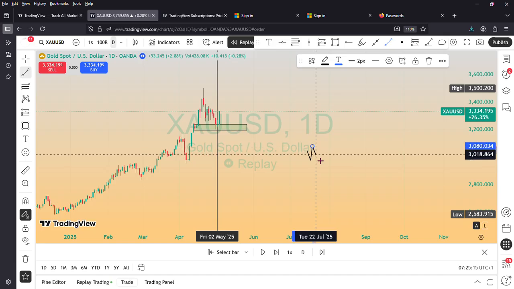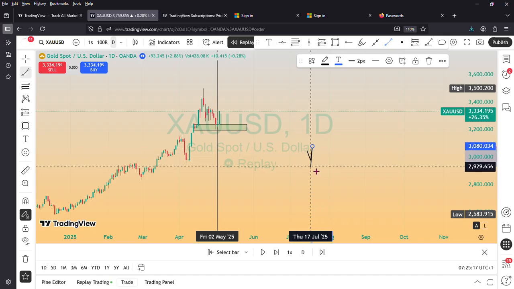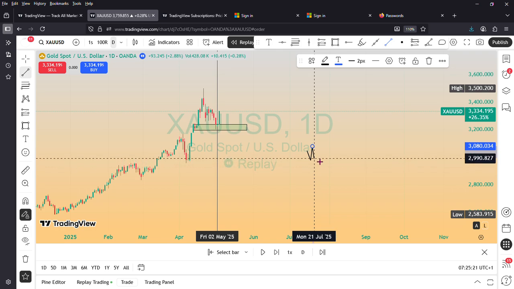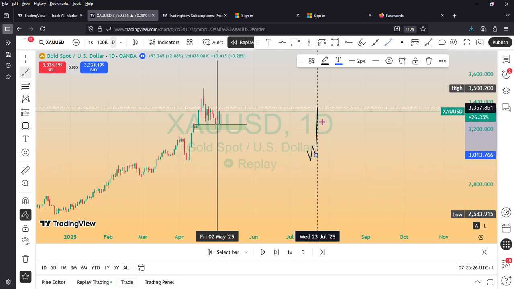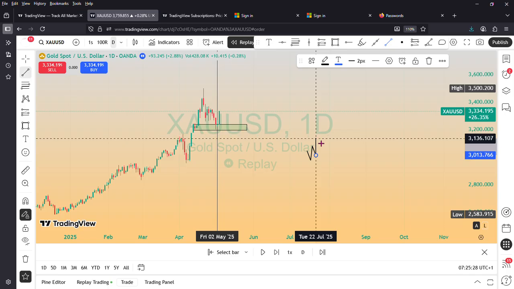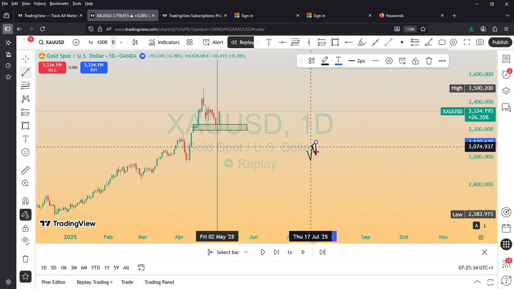Another low, but it did not take out this low. Understand? A low that did not take out this low. It either came here, stopped here, and went up. So as it's going up now, I want the market to come down either to this zone or to this zone.